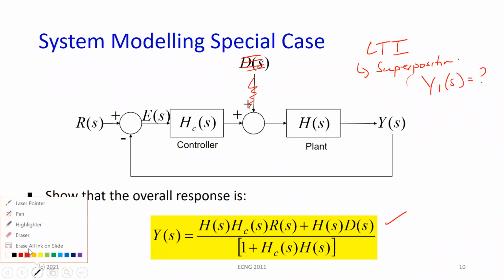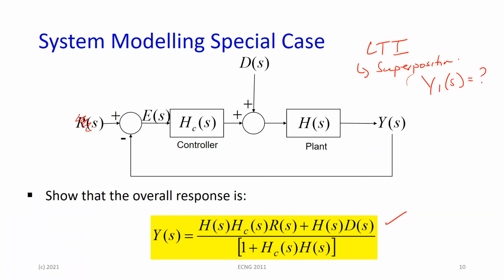Then you go back here and you set r equal to 0, and you get a y2s. And then if you substitute it, and then you add the two of them together and simplify, you're supposed to get this answer down here.